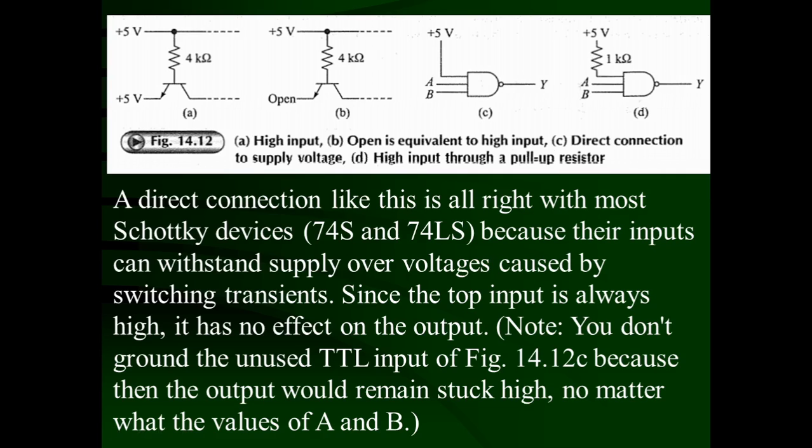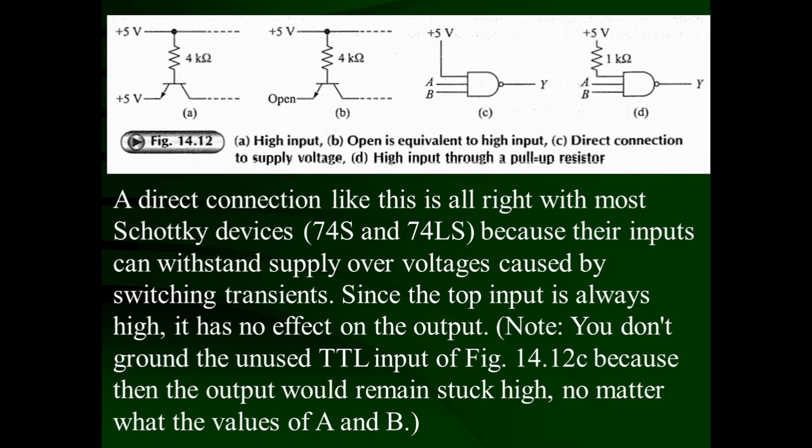Now the question is this, what is the difference between these two? Here it is directly connected to the plus 5 volt unused input, and here it is connected through the pull-up resistance 1 kilo ohms to the plus 5 volt. A direct connection like this is alright with most Schottky devices, 74S and 74LS series.